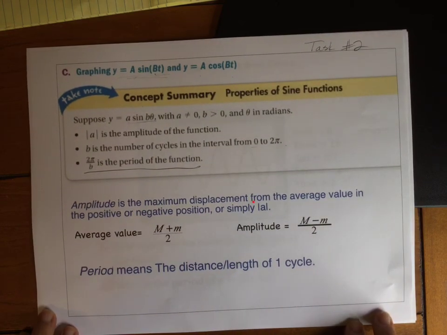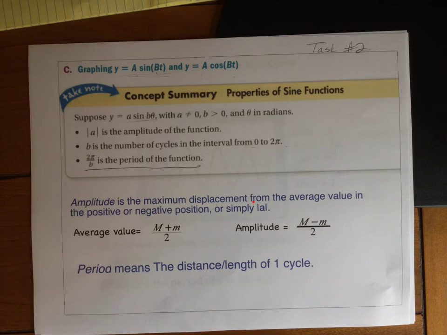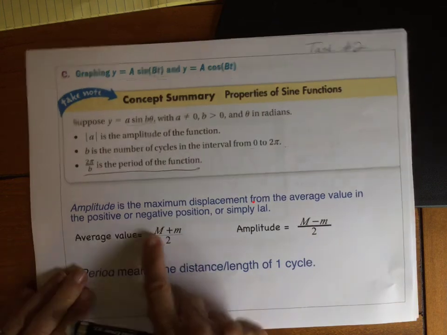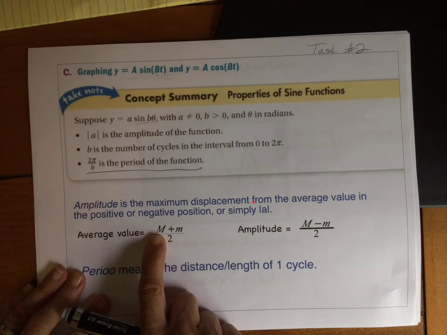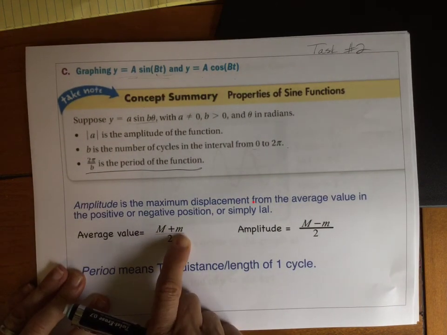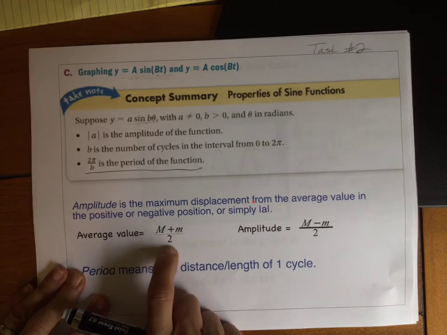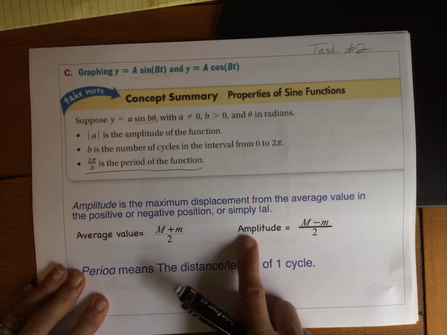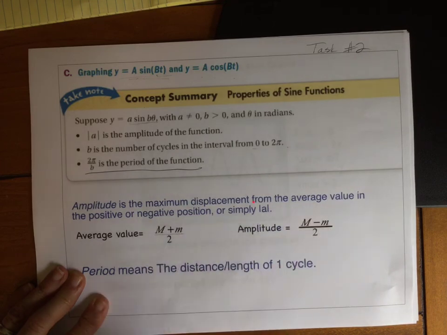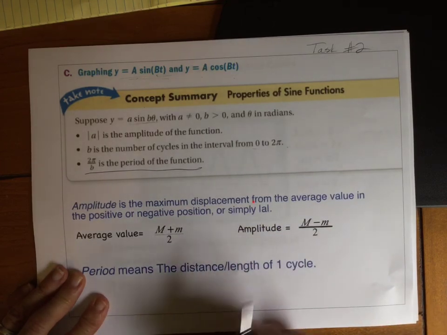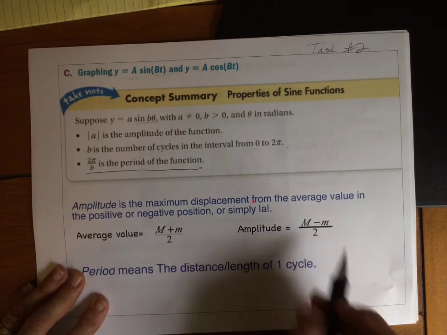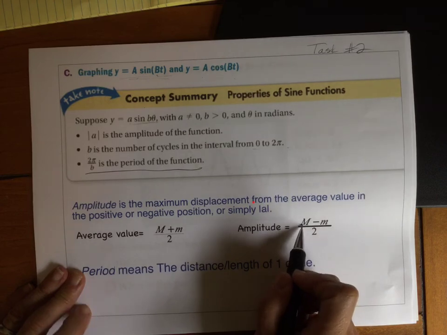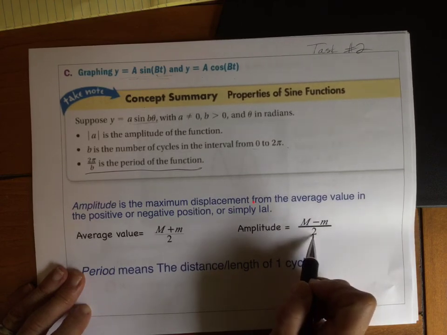There's a couple things down here. We talk about amplitude being the maximum or the minimum displacement from the average value. So the average value would be your maximum, big M, plus your minimum, little m, divided by 2. And your amplitude, if you knew what your max and your min was, and you weren't looking at a graph and couldn't just see what it was, would be your maximum minus your minimum divided by 2.